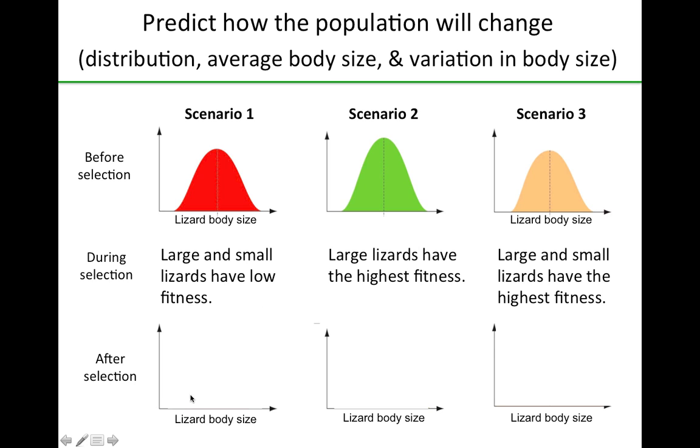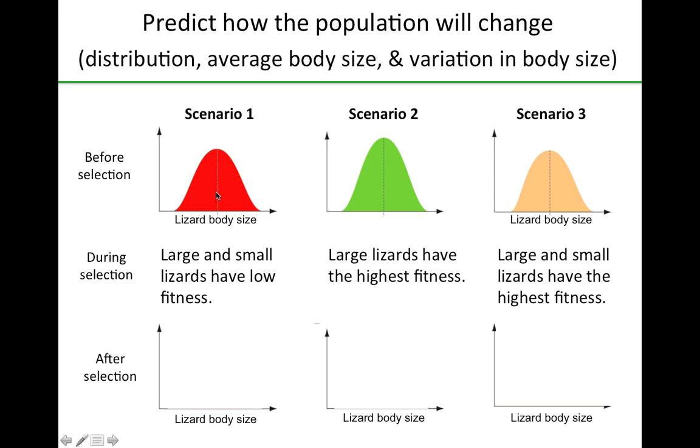And so what I want you to do is to practice drawing how you think this curve would change in the population based on the fitness scenario that I've given you. And so do this for each of the scenarios. Your outcomes should look different for each one. So in addition to drawing how the distribution would change, I want you to pay attention to how you expect average body size to change.